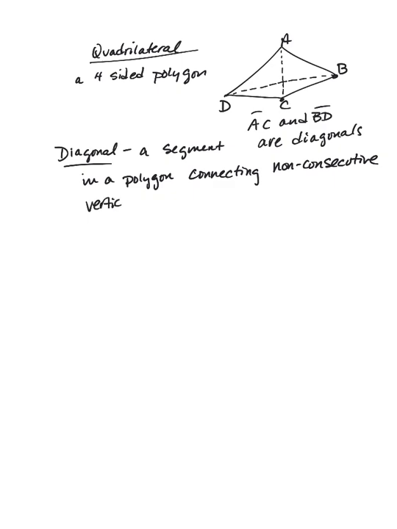Because consecutive would be sides, kids. Hold on. Put an extra C in vertices. All right. So there's nothing special about a quadrilateral other than that there's four sides. Okay, there's 360 degrees inside a quadrilateral.